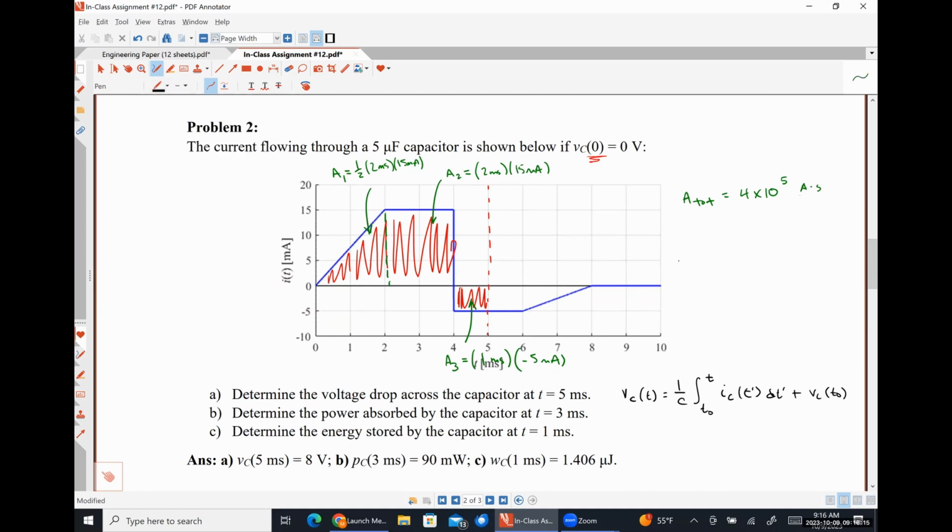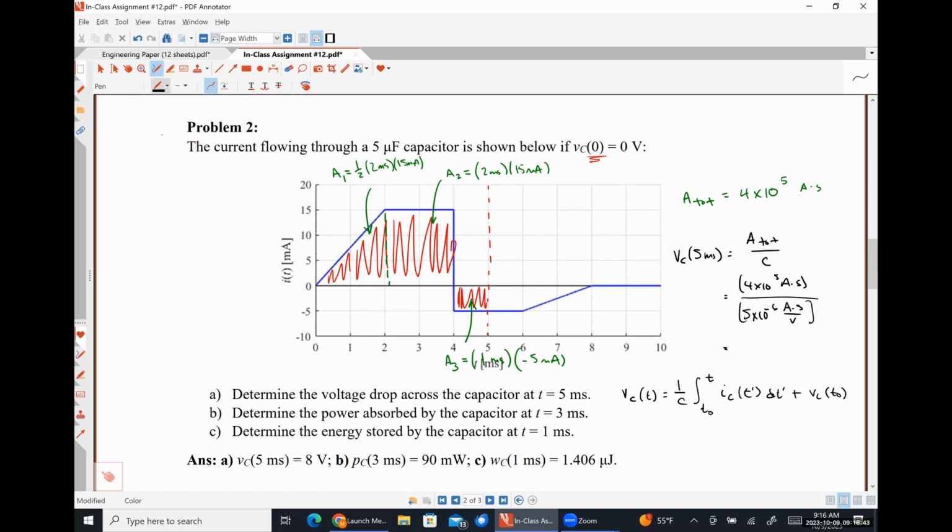So VC at 5 milliseconds is going to be A total divided by C, which would be 4 times 10 to the 5 amp per second, divided by 5 times 10 to the minus 6 amp seconds per volt.